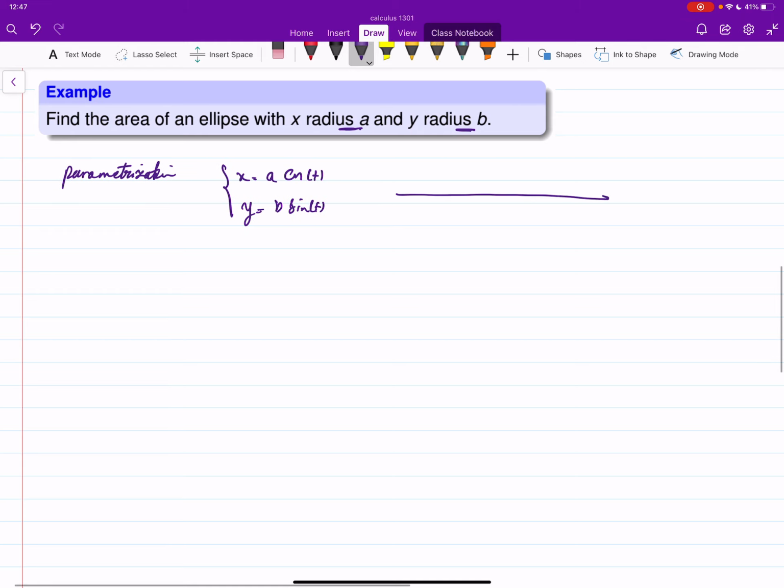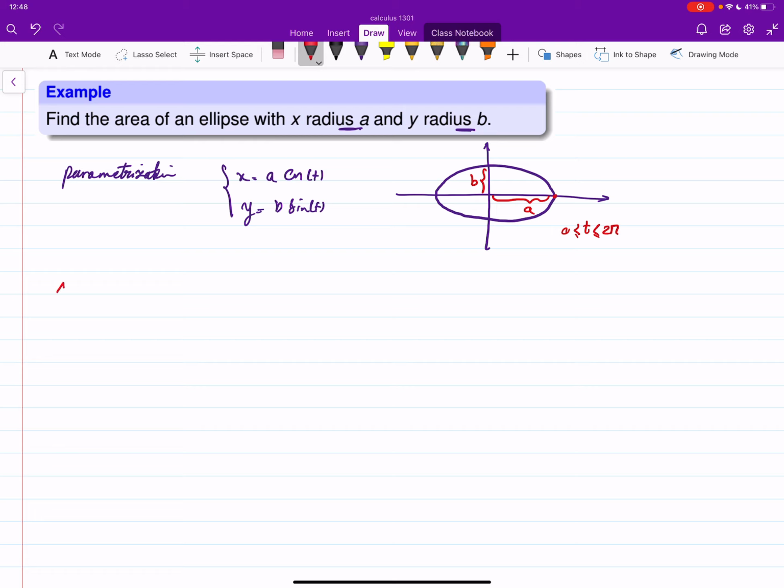And just a second, we see what is happening here. If we go in that direction, this is a, this is b. If you start from 0 to 2 pi, this will finish the whole thing. So from 0 to 2 pi, this will give you everything.